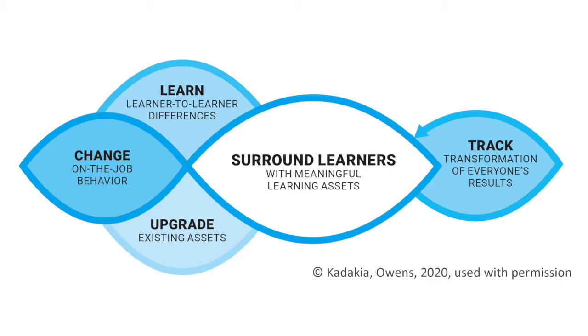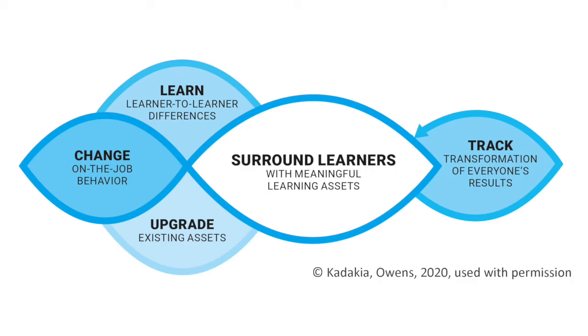Now, the last one is design the whole, not just the parts. When we do this, we look at all the learning assets and all the learner personas, and we try to marry the two as a whole learning cluster. Now, I know that when we create courses, we often create job aids and other items that help, but often they are created just on the fly or because somebody says, oh, it's a good idea this time.